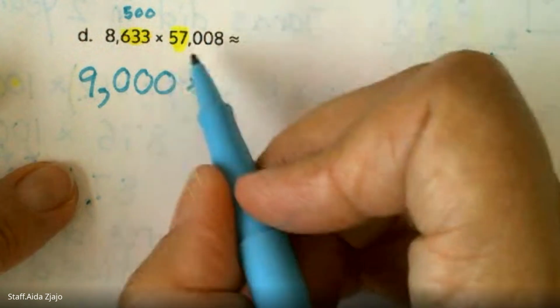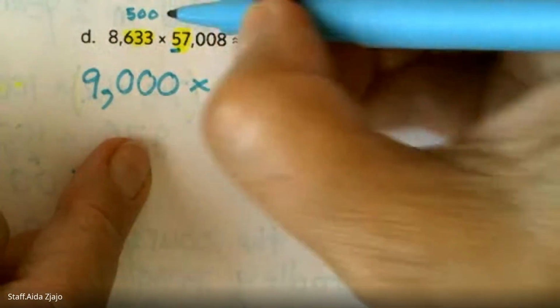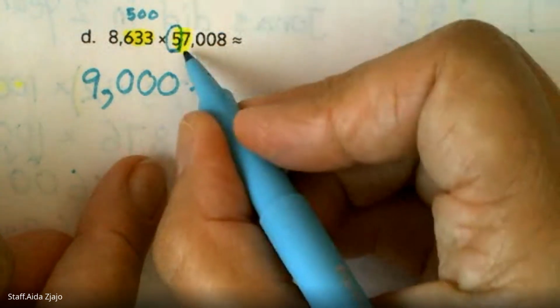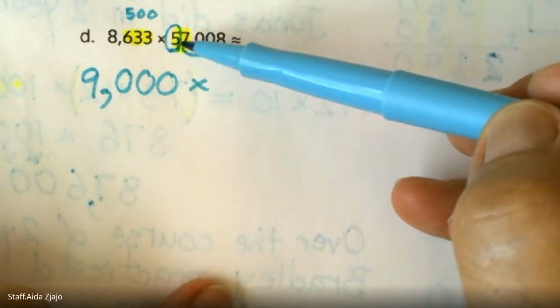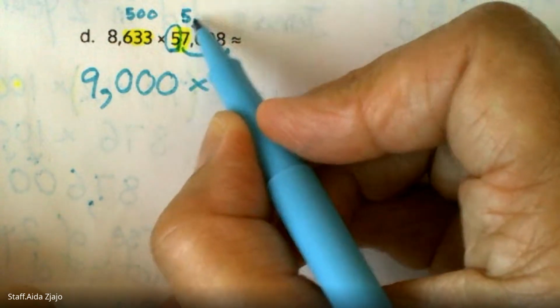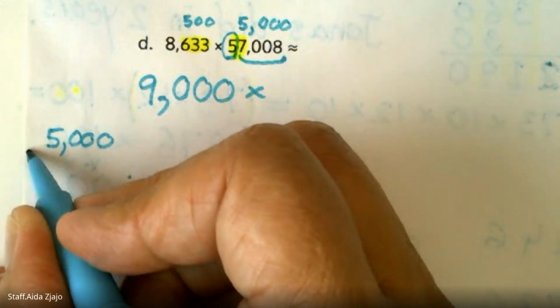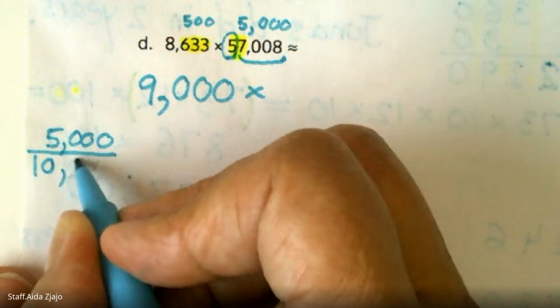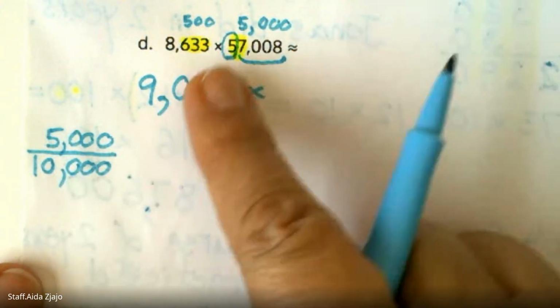So if I am going to round only to the nearest 10,000, I'm going to look at how many 1,000s I have. If you have a 10,000 place value to round to, you need to have at least 5,000 more to round up. I'm going to show you on the side. So if I have a 5,000 and I need to round to the nearest 10,000, I have more than enough, so I can make one more 10,000.